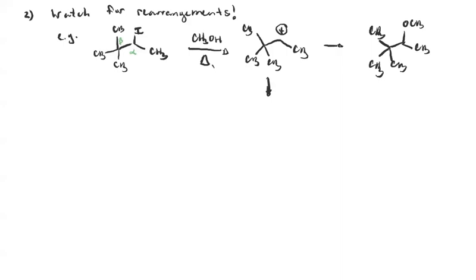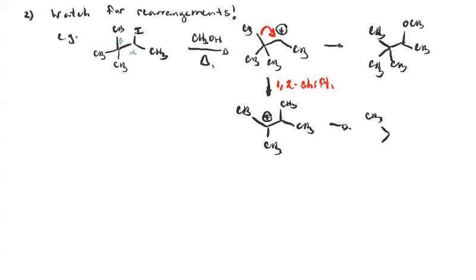Or you can do a 1-2 shift. And that would generate a more stable secondary carbocation, or sorry, tertiary carbocation. And then if that gets trapped, you wind up with the isomer.